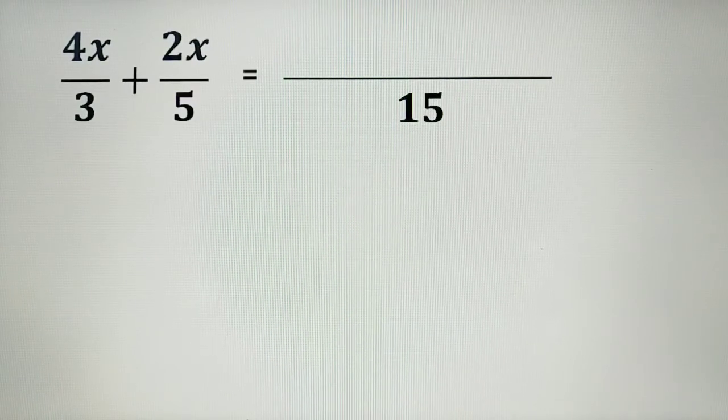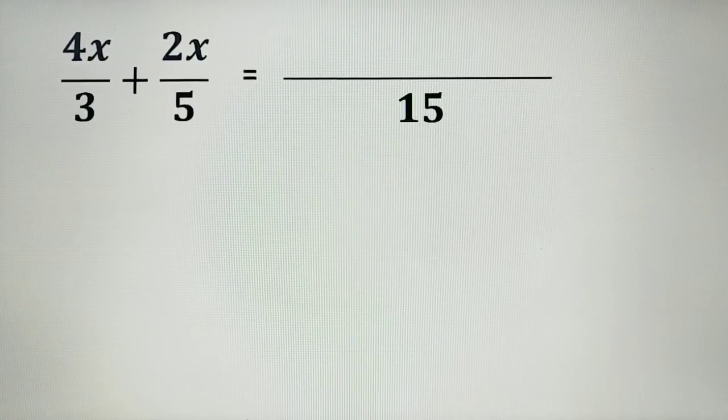If the two denominators have no common factor, then you will just multiply the two denominators to get the LCM. And that will be the LCD of our rational algebraic expressions. Now we will find the new numerators of our expression.